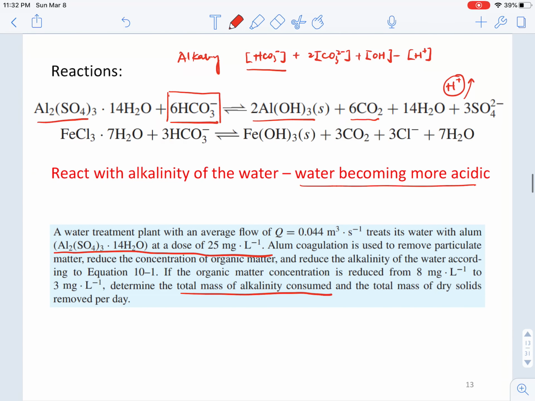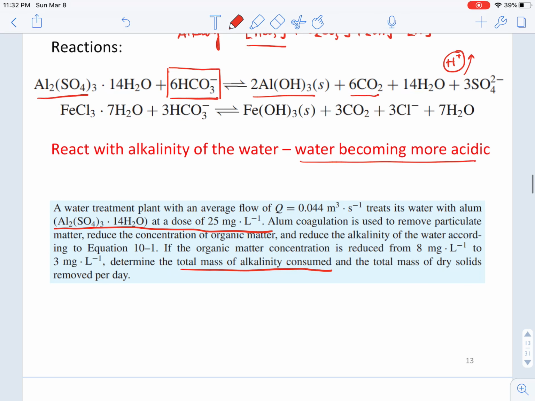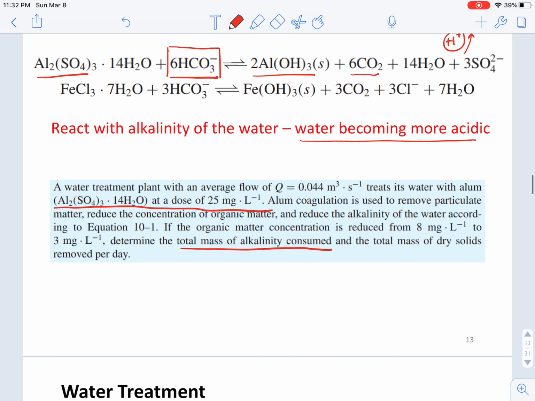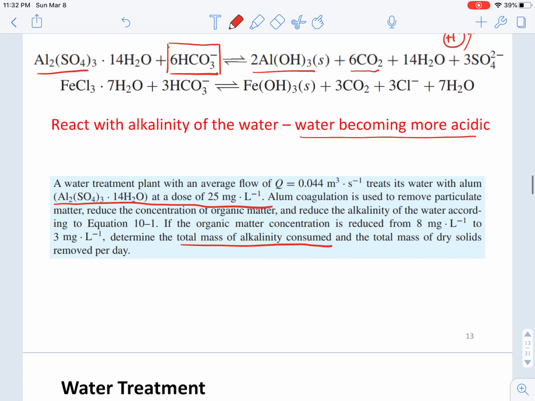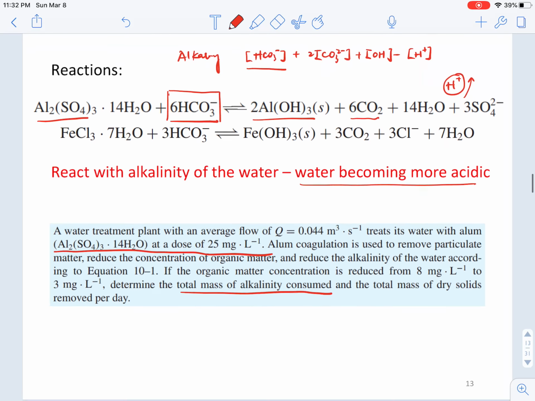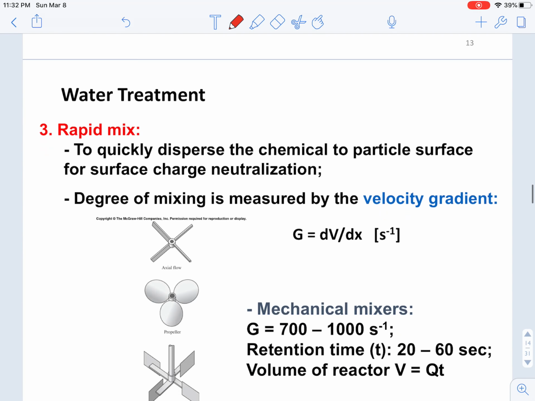We can calculate how much bicarbonate is being consumed using stoichiometry, and then we can calculate the mass of bicarbonate being removed from the water treatment process. Okay, so this is about the coagulation, right?